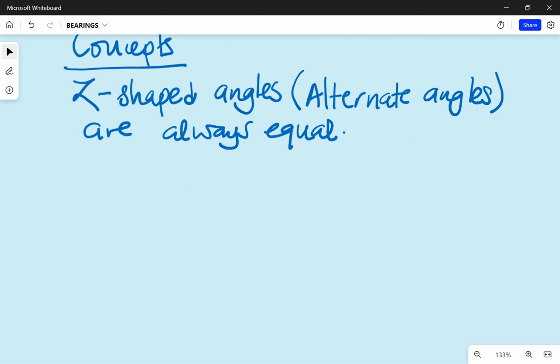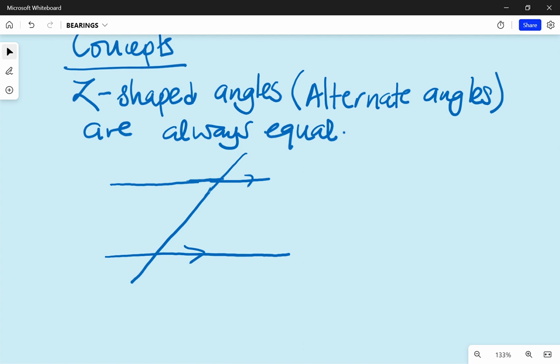Okay, Z-shaped or alternate angles, these are always equal. So if you've got an angle like this, if these are two lines, parallel lines, and then there is a transversal line there, let's just clear this a bit. Okay, these are parallel lines.